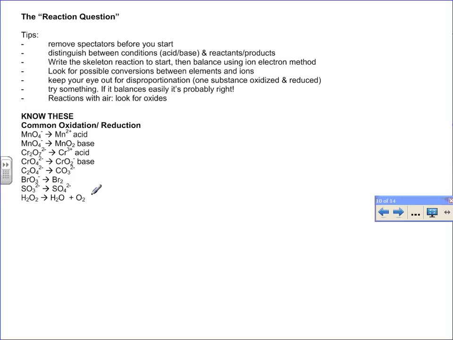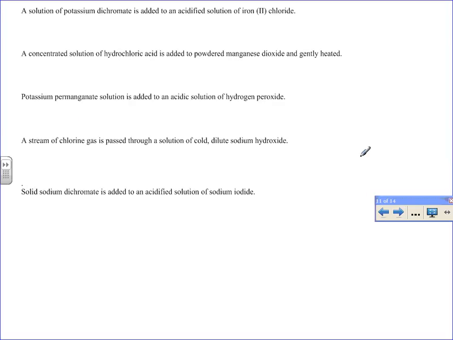The best thing for us to do is to go through a couple of examples. Now, we're not going to balance these. What we're going to do is write the skeleton reactions for these. So with the 2 reactants and 2 products, what you would actually be expected to do is to balance them once you've determined what the changes are going to be. So let's look at a couple examples here.